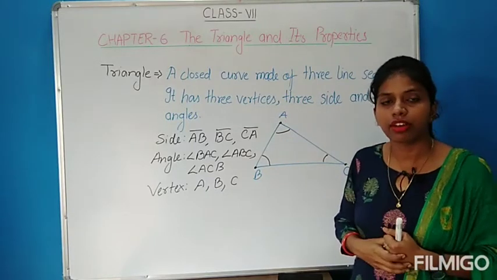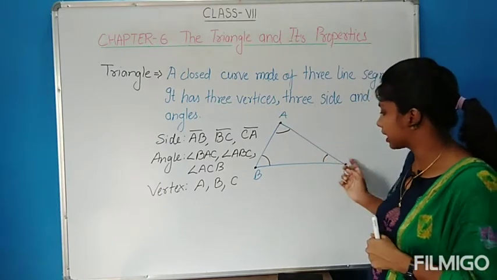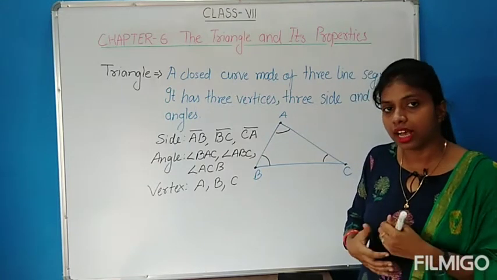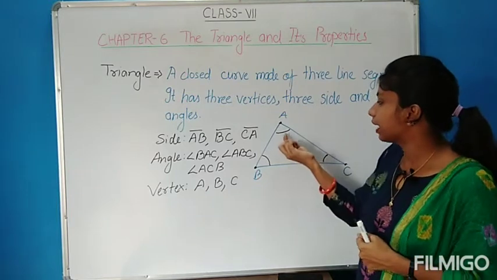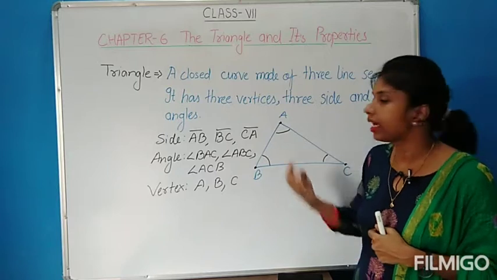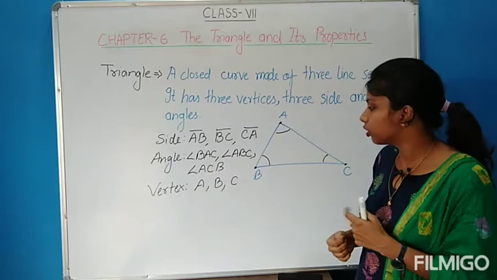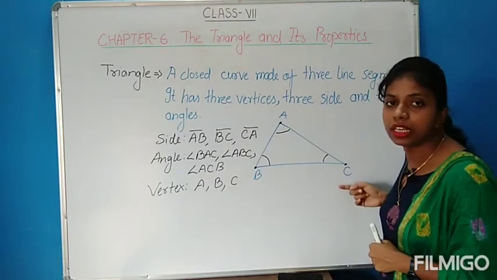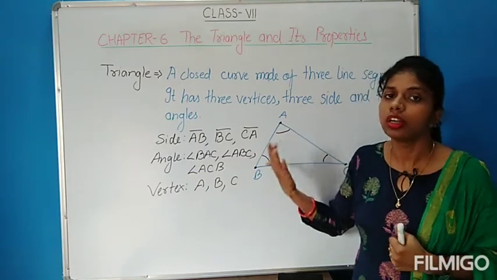In the same way, if I ask you the opposite vertex to the side AC, then it is vertex B. If I ask the opposite angle to the side BC, then that angle is angle BAC, or in simple words, angle A. And in the same way, if I ask you the opposite vertex to the side AB, then that vertex will be C. These are some interesting points about the triangle.